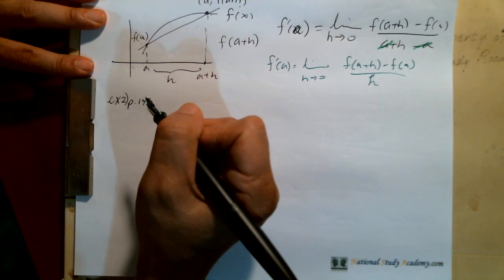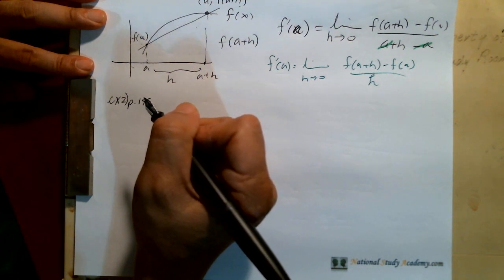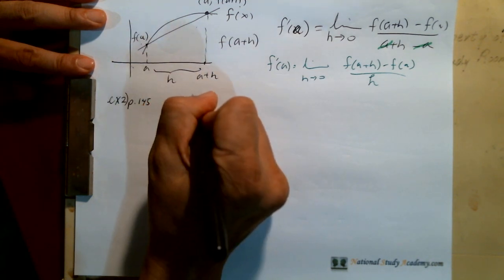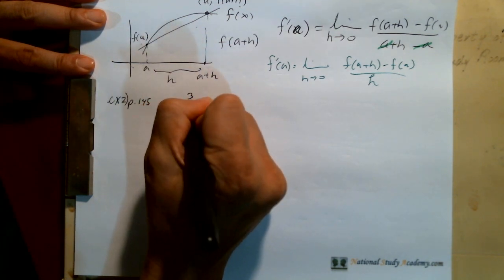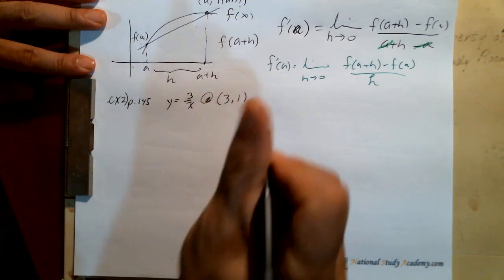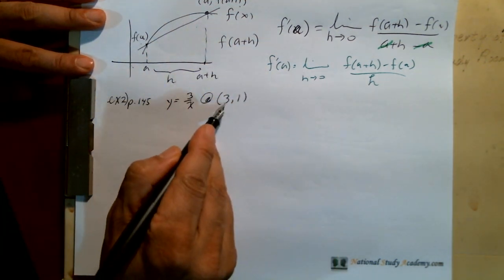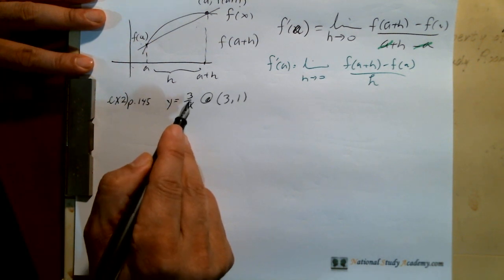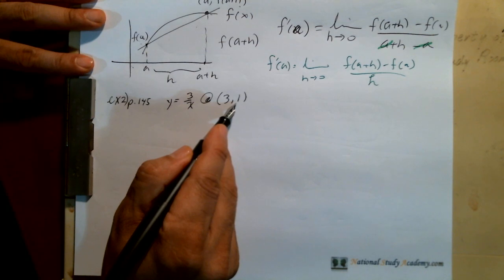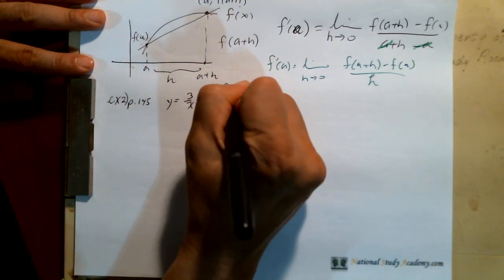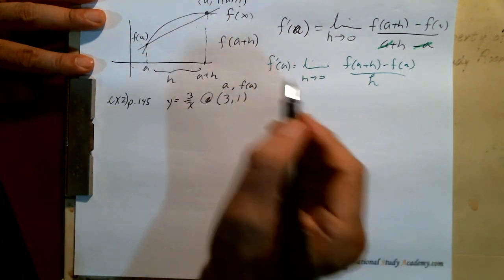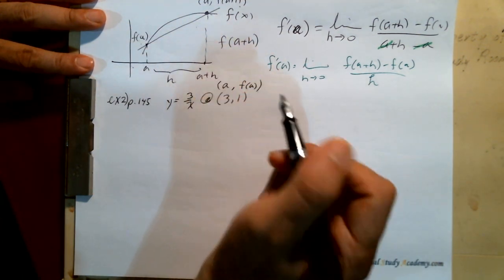So example number 2 says find the equation of the tangent line to a hyperbola y equals 3 over x at 3 comma 1. So when you plug in your x value as 3 in here, 3 over 3 becomes 1. There's your f of 3. So this is your a, this is your f of a. Make sure you write it on top of there, that way you kind of know which one is which.